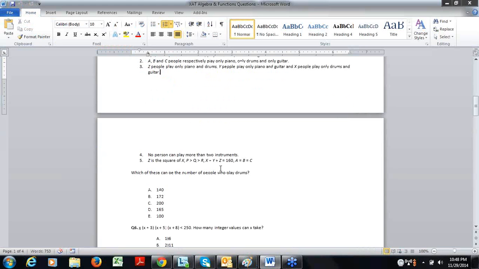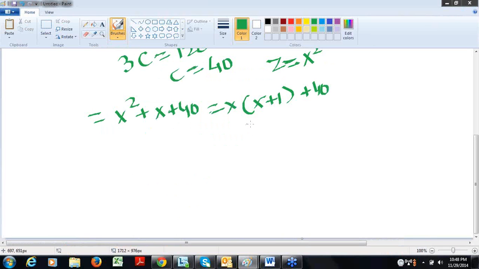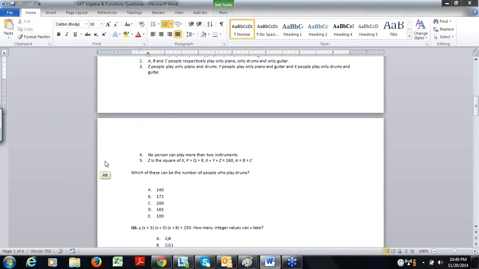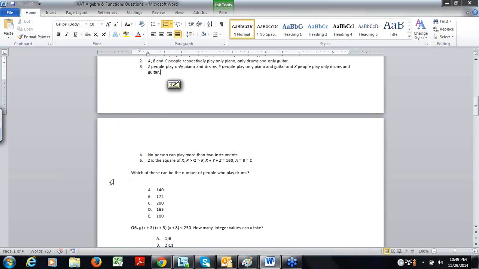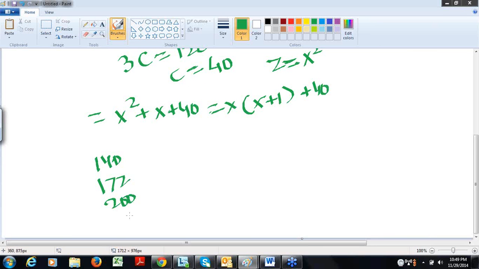So we have the options as 140, 172, 200, 165 and 100. Now subtract 40 out of each of them.